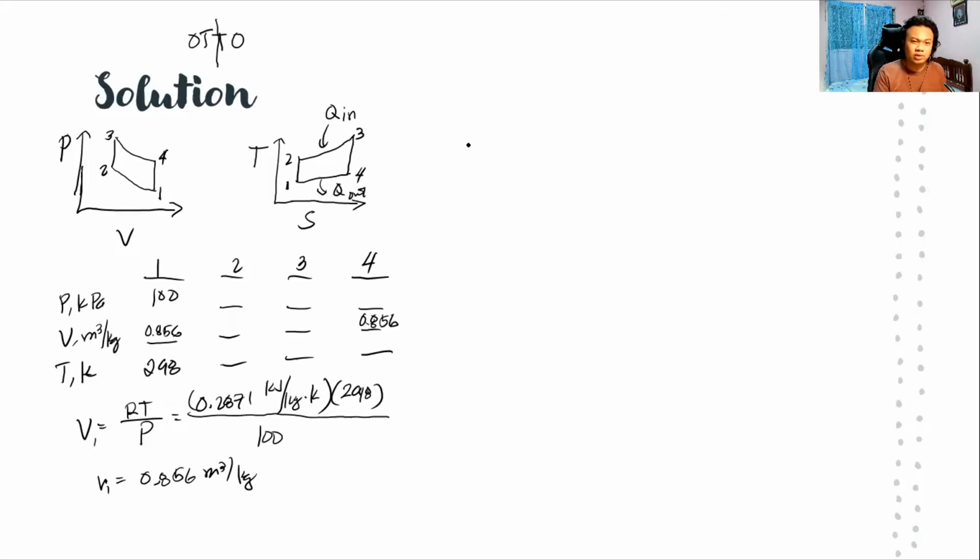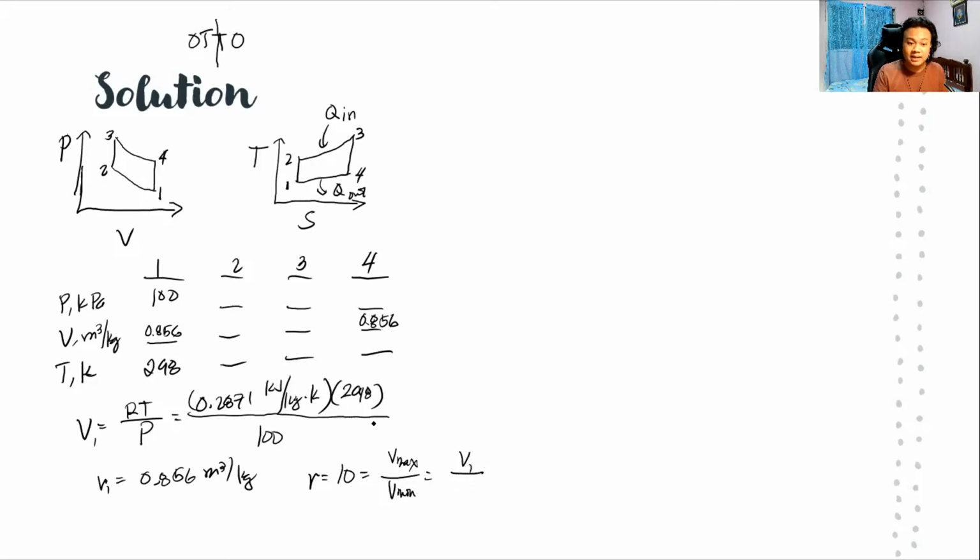And then to get V2 and also V3, because V3 and V2 are equal, diba? Remember that the compression ratio, r, which is equal to 10, is equal to V max over V min. V max here is any, like V1 or V4, but let's just name that V1.